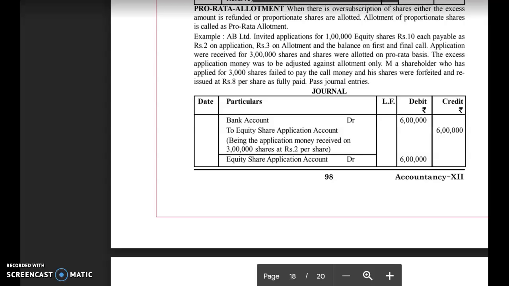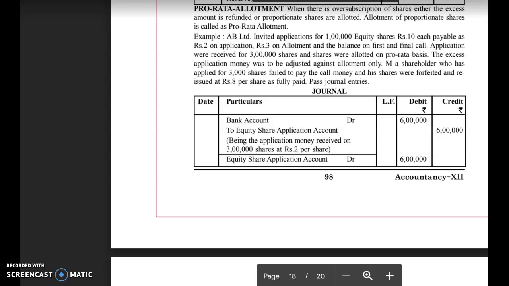The basis the company will take is that as the issue is oversubscribed by 3 times, all those who had applied for 3 shares, the company will allot them 1 share. So the ratio will be 3:1. It means all those who had applied for 3 shares will be allotted only 1 share. Ratio is 3:1. So what will the journal entries be?